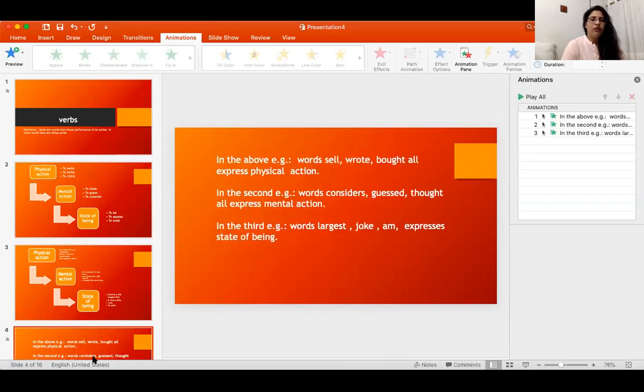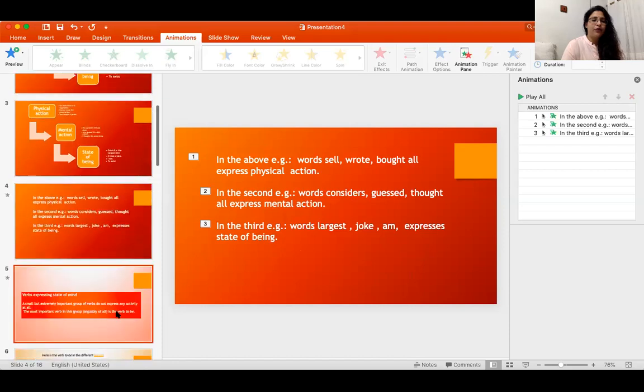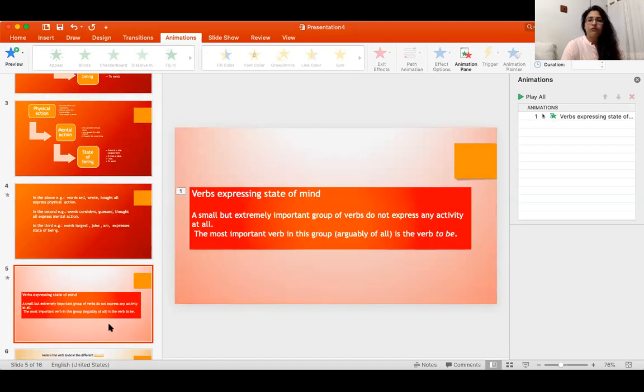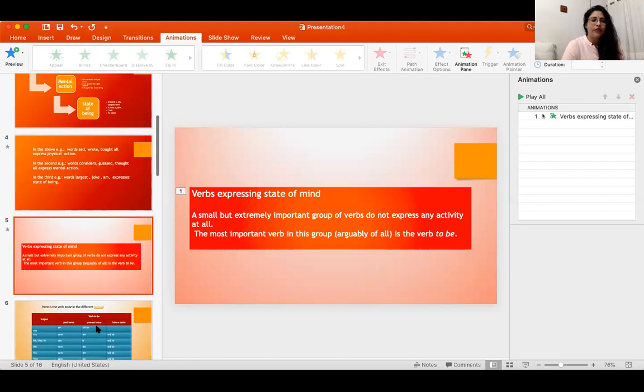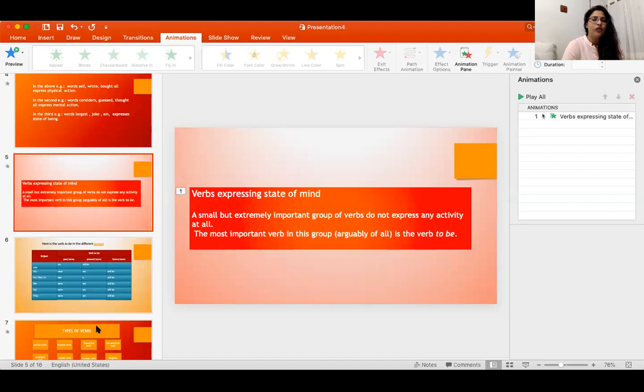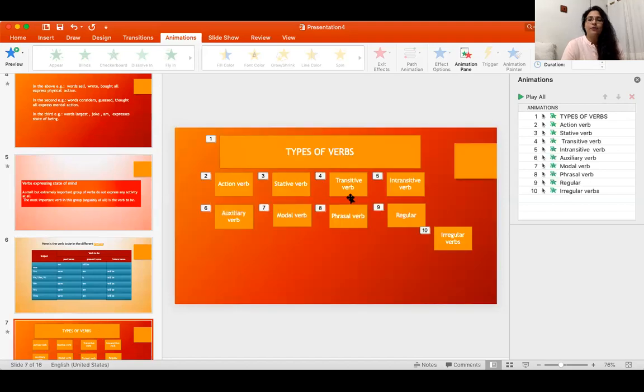Next is another kind of verb which expresses a state of mind, where you are not physically involved, you are mentally involved. Then come the types of verbs: action verbs, stative verbs, transitive, intransitive, auxiliary verbs, modal verbs, phrasal, regular, and irregular.